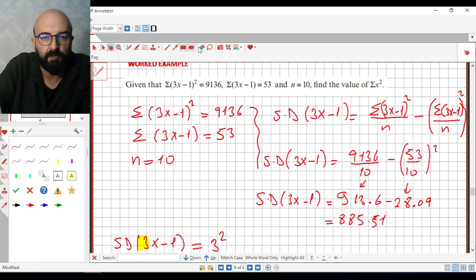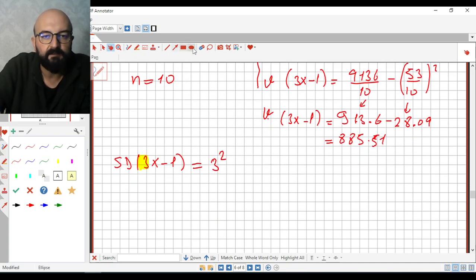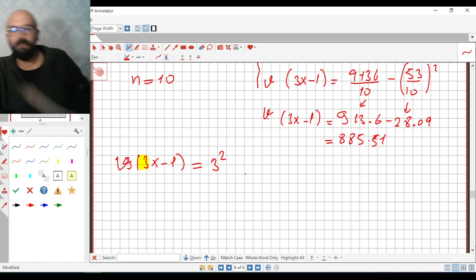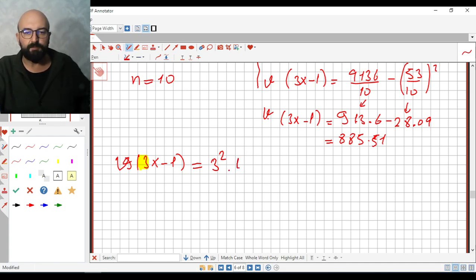This is the formula you know about variance: 3 squared multiplied by the variance of x.